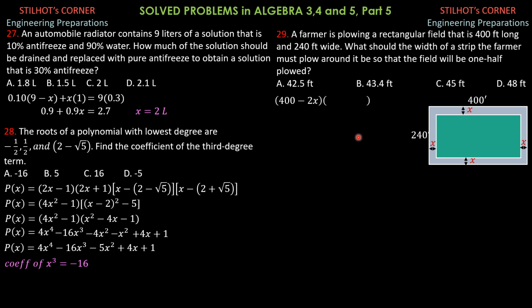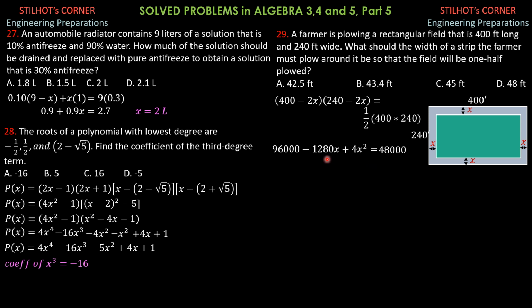So quantity 400 minus 2x times quantity 240 minus 2x equals 1/2 of quantity 400 times 240. So 400 times 240 is 96,000, negative 800x, and negative 2 times 240 is negative 480x, is negative 1280x, then plus 4x squared. 96,000 minus 1280x plus 4x squared equals 1/2 of 400 times 240, which is 48,000.